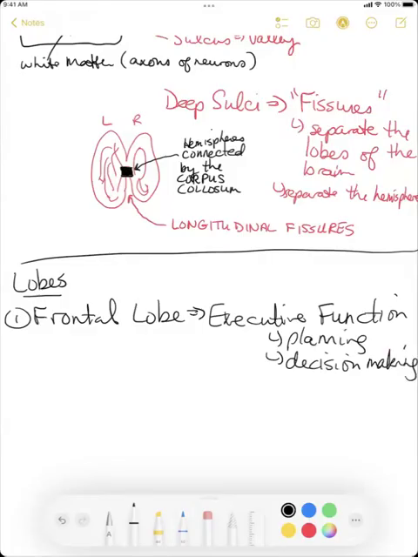It also has a primary role in motor function of skeletal muscle.